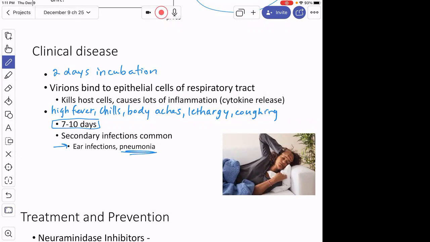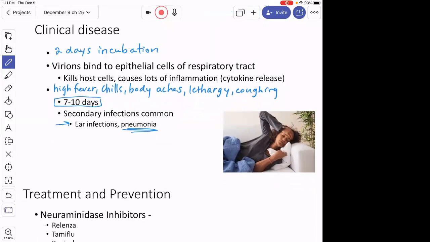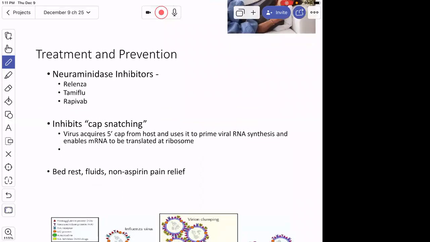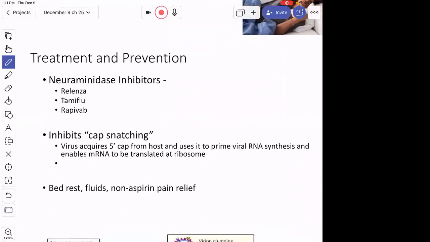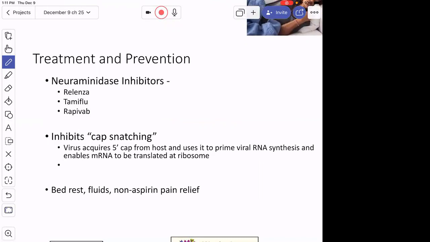All right, treatment and prevention. We're not really very good at either one of those things. So that's why the worry is that we're going to see another strain that's really bad, and we're not really as ready for it as what we would hope that we are.